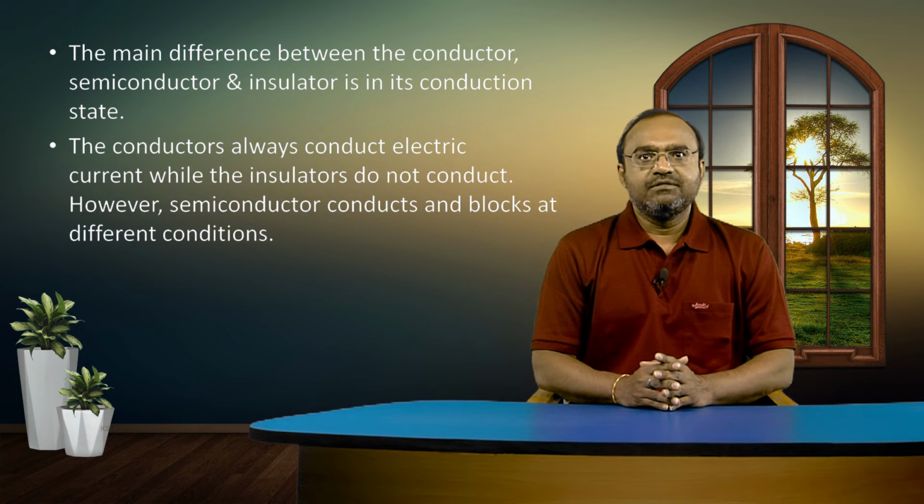The main difference between the conductor, semiconductor and insulator is in its conduction state. The conductors always conduct electric current, while the insulators do not conduct. However, a semiconductor conducts and blocks at different conditions.